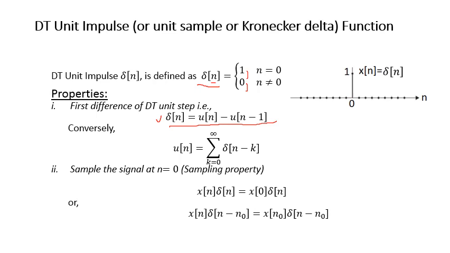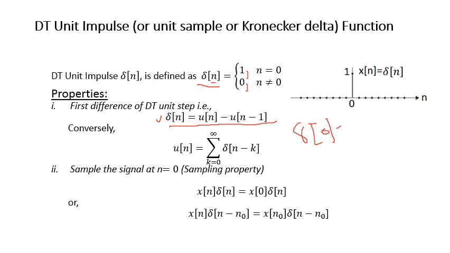By definition impulse of n should be 1 only when its argument is 0. So let's put something other than 1 here. For example, impulse of 0 should be equal to what? By definition it is equal to 1.